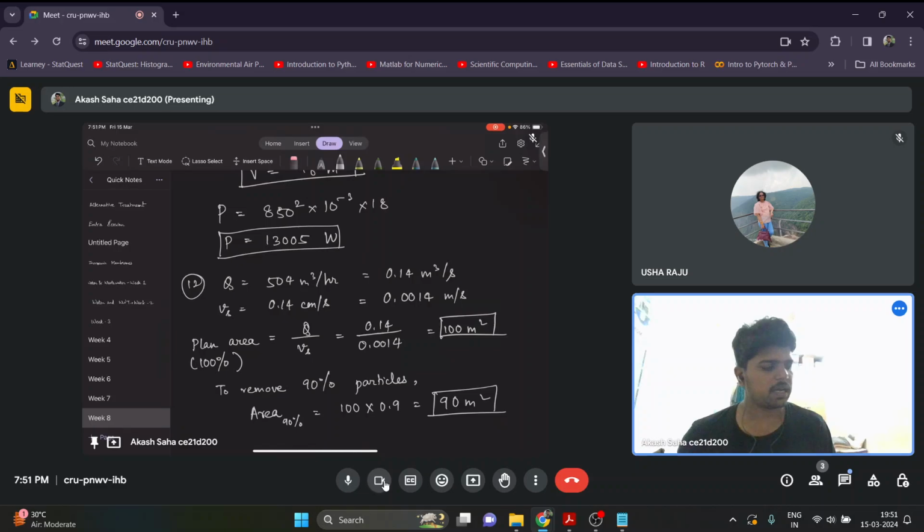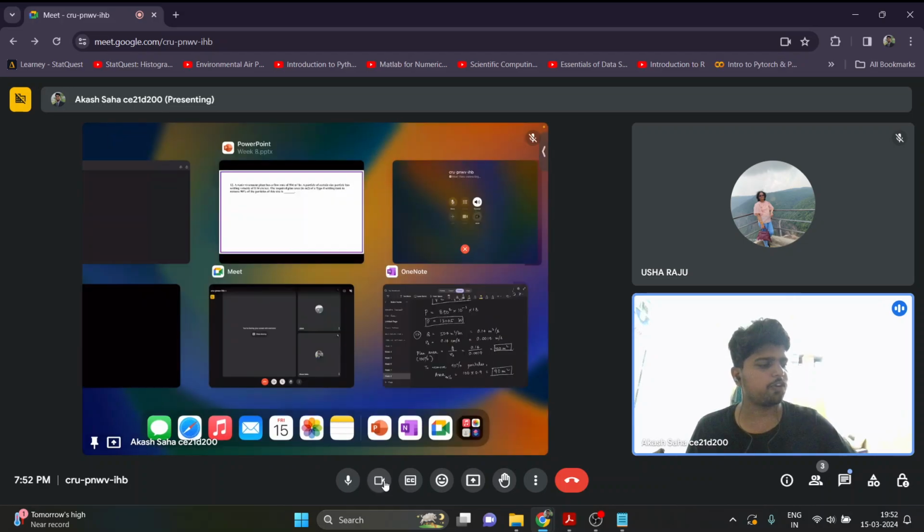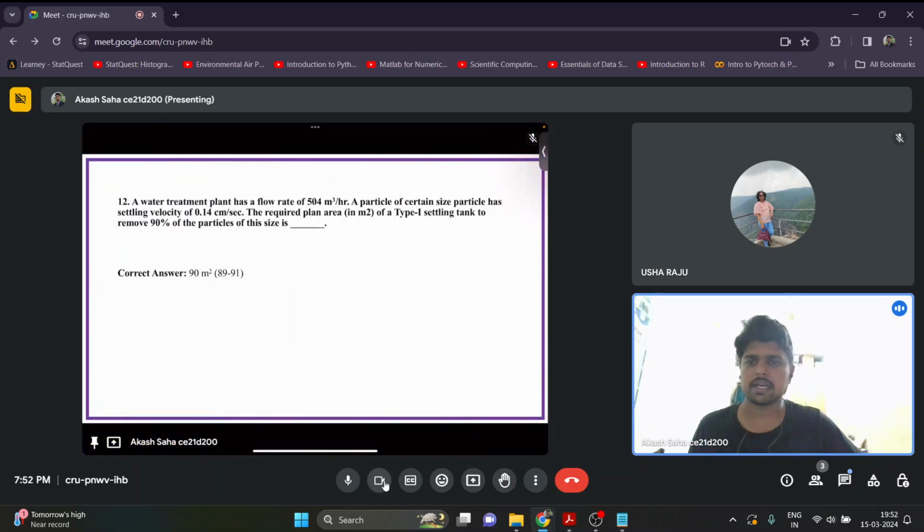Very simple. Plan area is equal to Q by Vs. This will be for 100% removal, but we need only 90% removal, so we multiply it with 0.9 and get 90 meter square. So a direct answer. We'll move forward. The answer is 90 meter square.